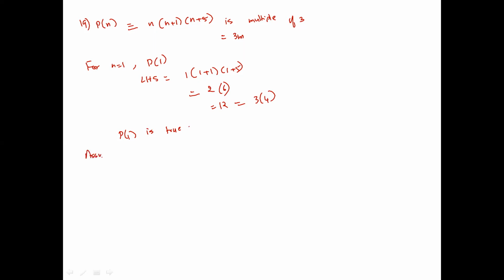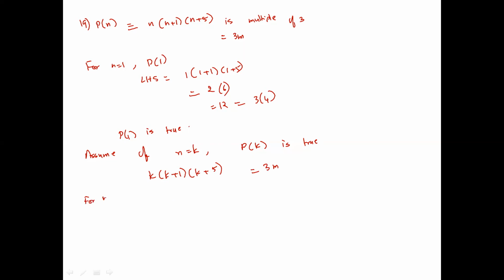Now assume that for n equal to k, P of k is true. That means you write left hand side equal to right hand side by putting n as k: k into k plus 1 into k plus 5 is a multiple of 3. That is what I have written.